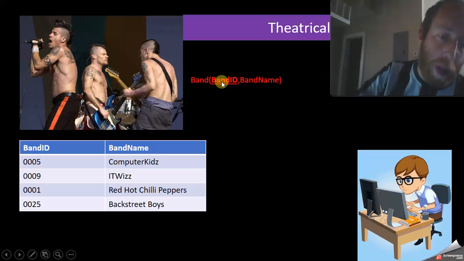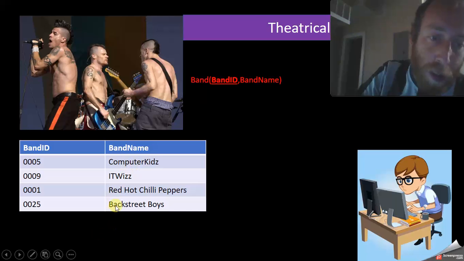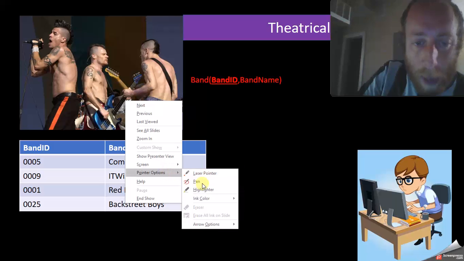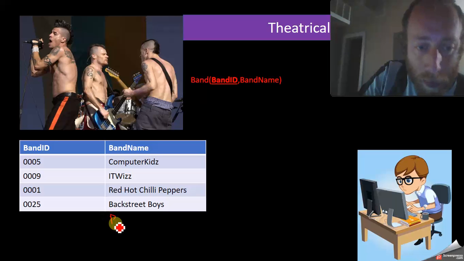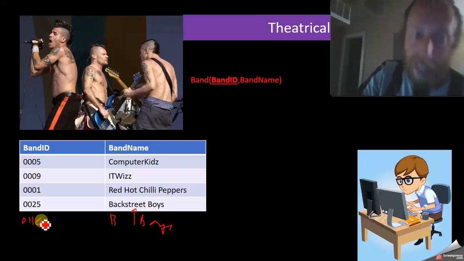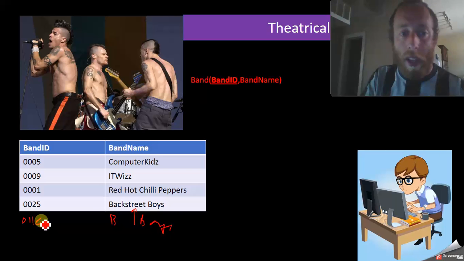You got it, primary key, which means that no two bands can ever be the same, even if they've got the same name. So even if we had two Backstreet Boys as bands, there you go. And these guys are just a copy of these guys. If they have a different ID, they're different. Happy days.